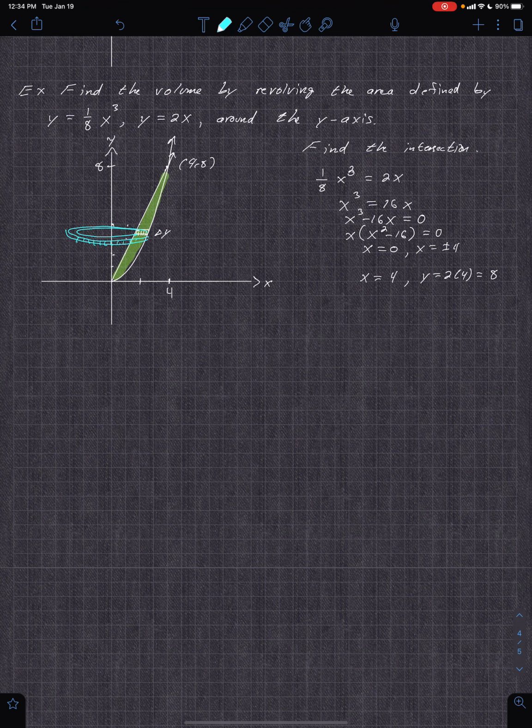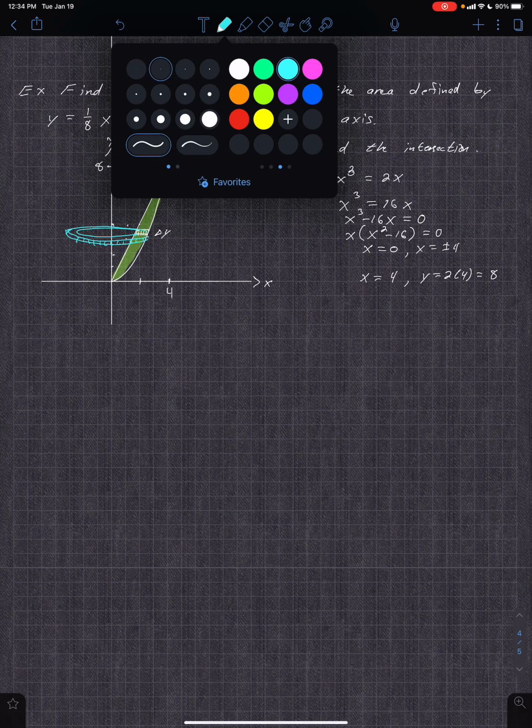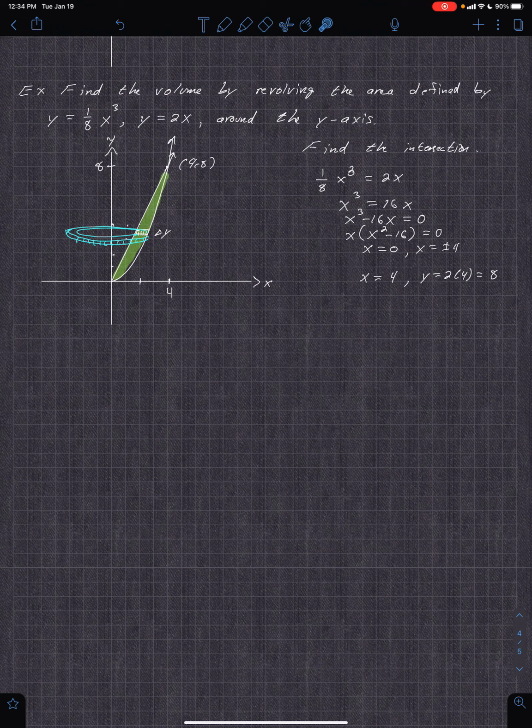Here's your side view. When you go around the y-axis, you need to solve these for x. So we get y equal to 1/8 x cubed. When you solve that for x, it ends up being the cube root of 8y.